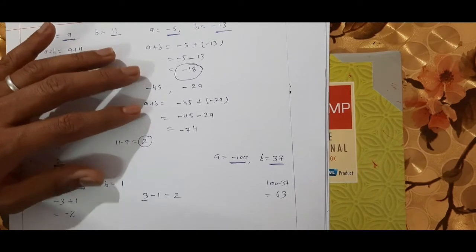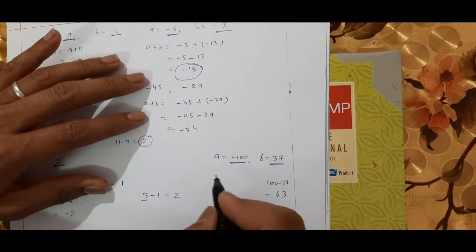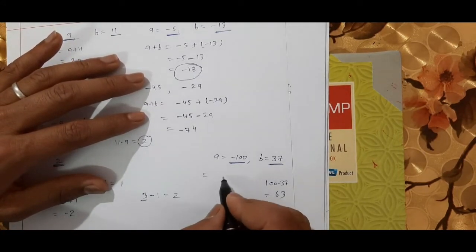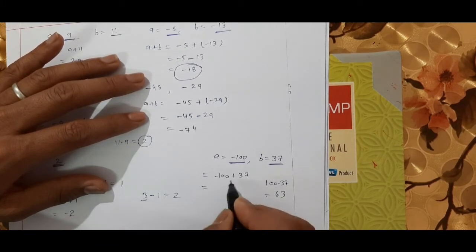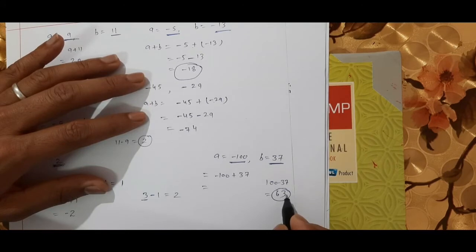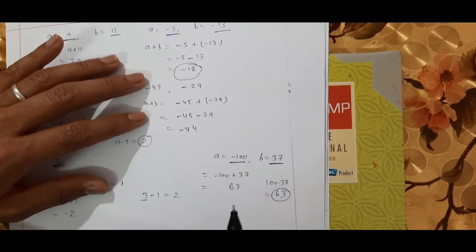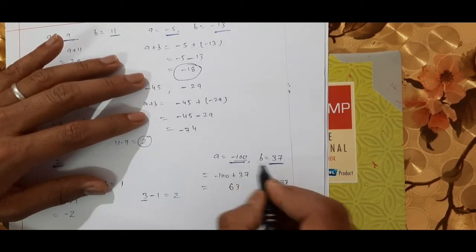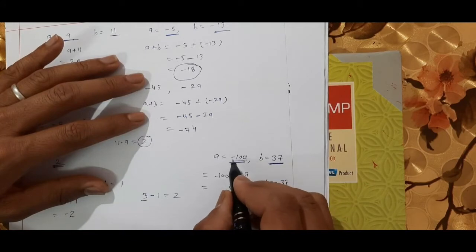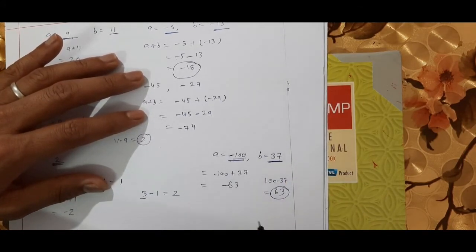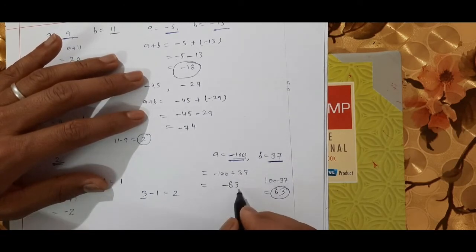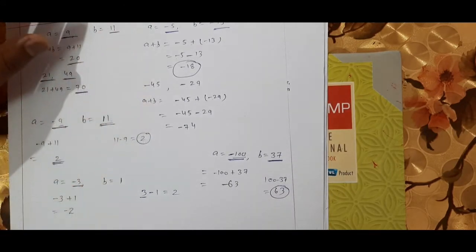But what sign will be there? Minus 100 plus 37 is the difference of two integers, 63. But which number is greater, 100 or 37? 100. And the sign of 100 is negative. Then the answer will be negative, means minus 63.